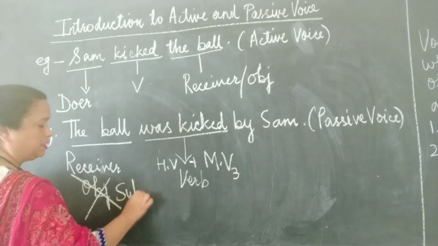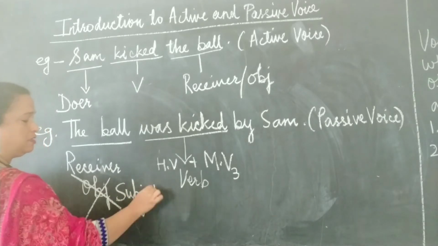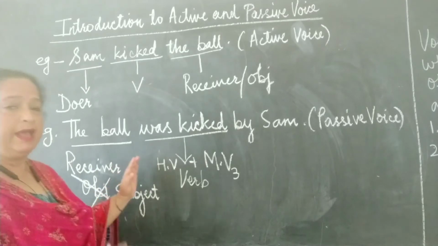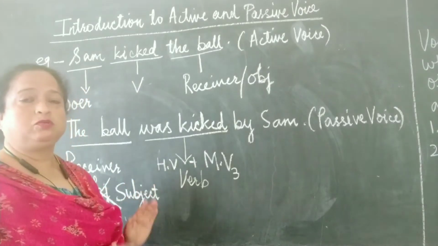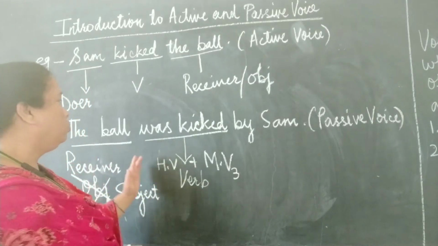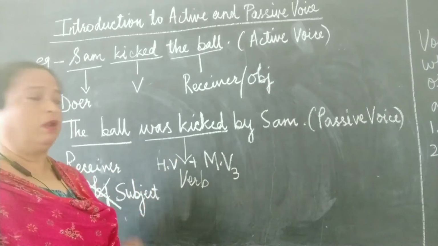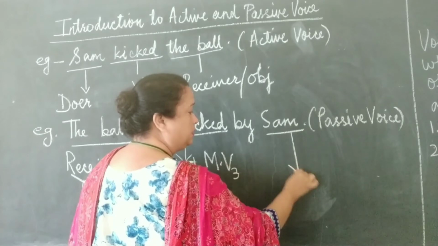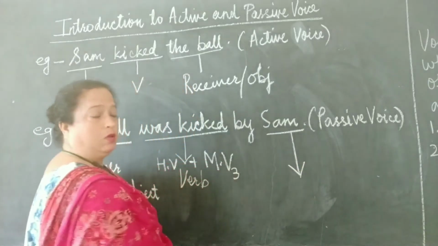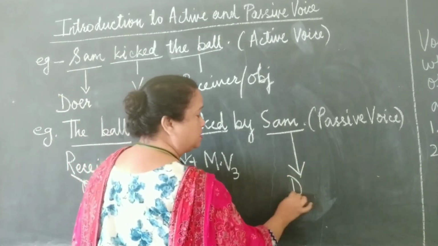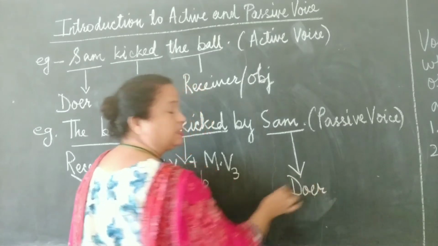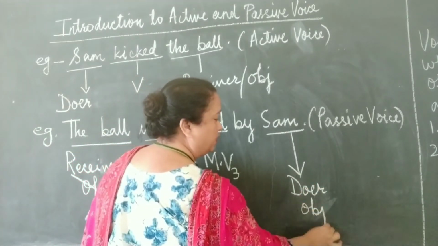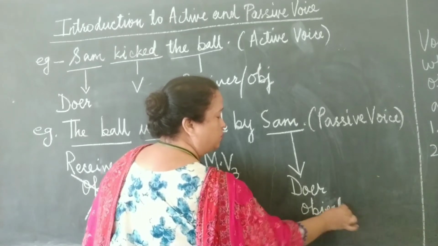It is in the place of the subject, but it is the receiver of the action. Now I want to know as to who kicked the ball. I get the answer Sam. Sam kicked the ball. So over here Sam is the doer, but it is in the place of the object.